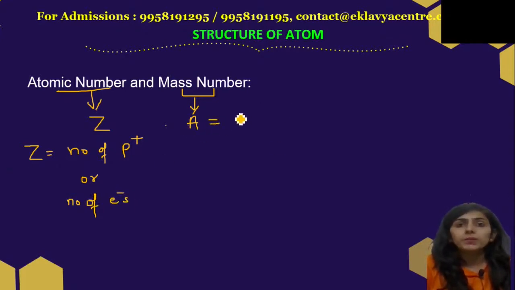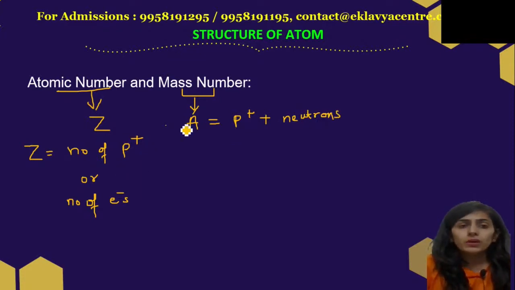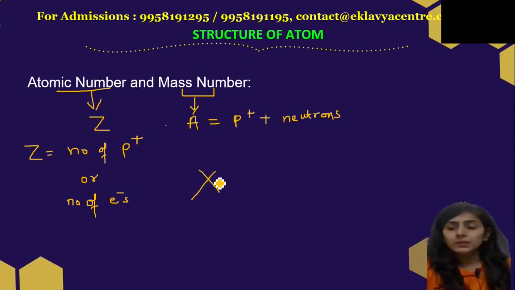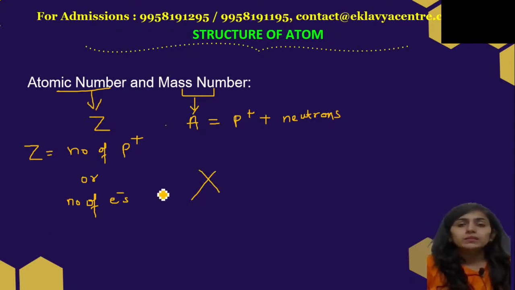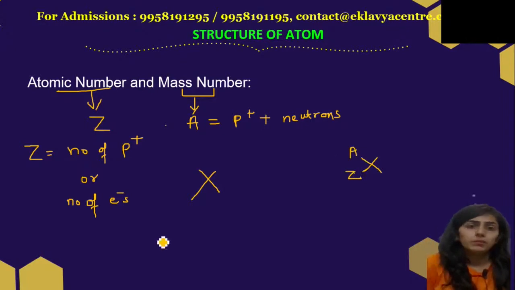Mass number is the number of protons plus the number of neutrons. Clear, beta? Suppose I have an element X. How do we write it? We write Z here and A here. Z is the atomic number and A is the mass number.